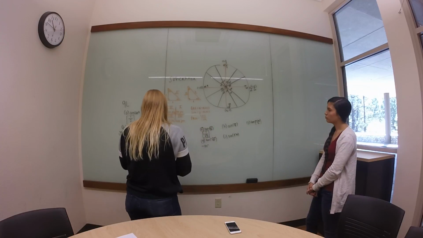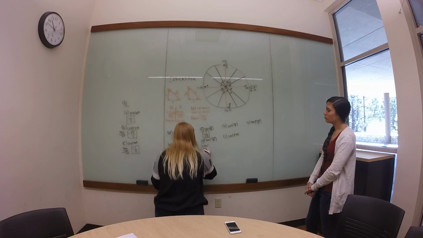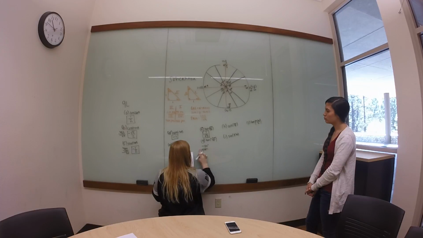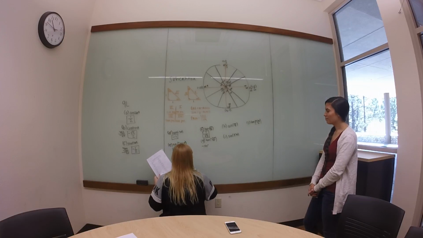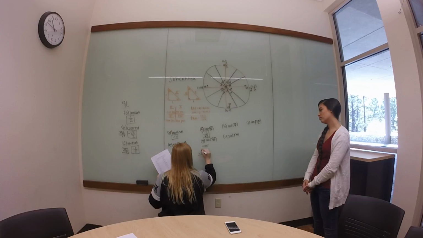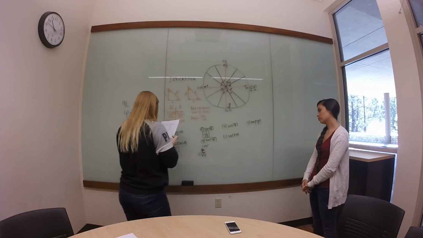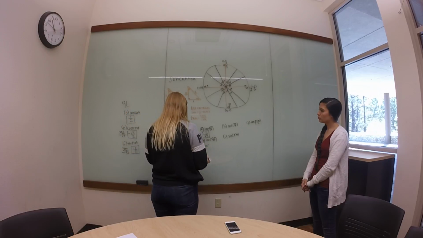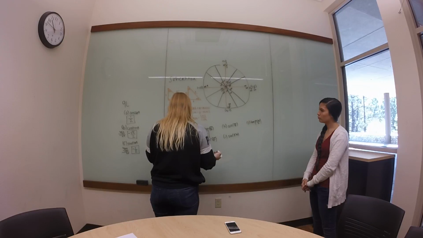Then 180 minus 135 is going to be a 45, 45, 90 triangle, and so tangent of 45 is 1.